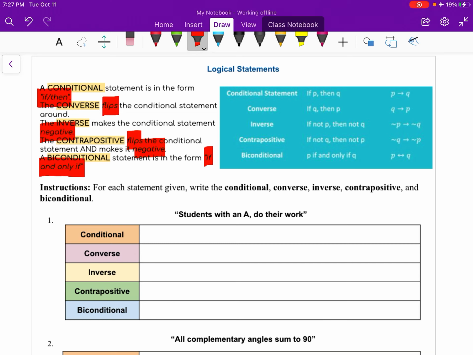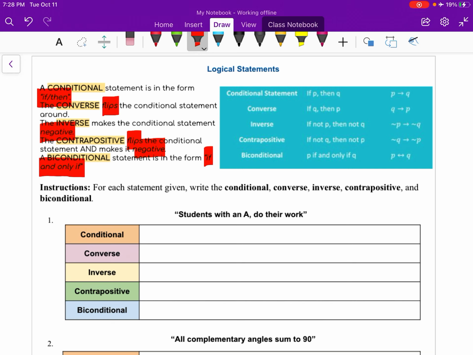The inverse should say, if not P, then not Q, because we are negating the entire statement. The contrapositive should say, if not Q, then not P. And finally, the biconditional is a statement that says P if and only if Q.